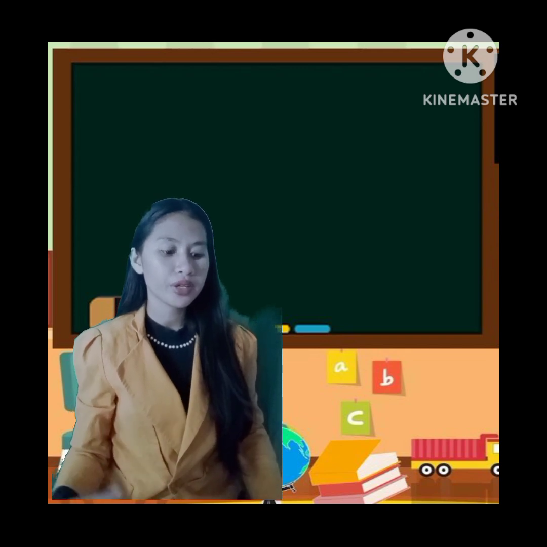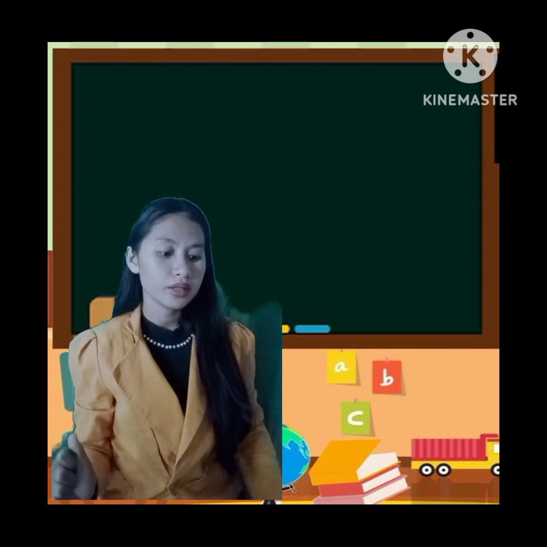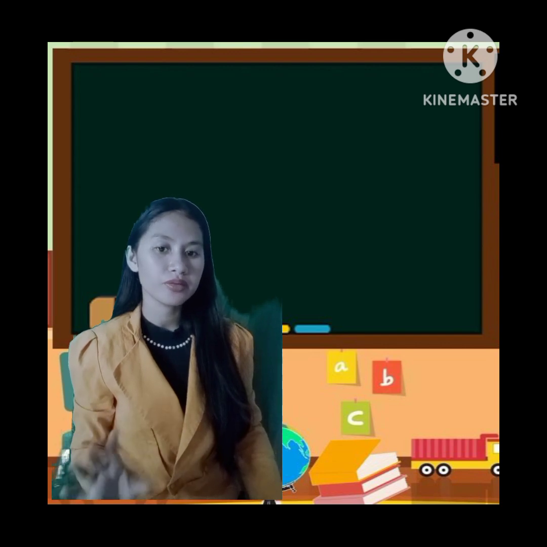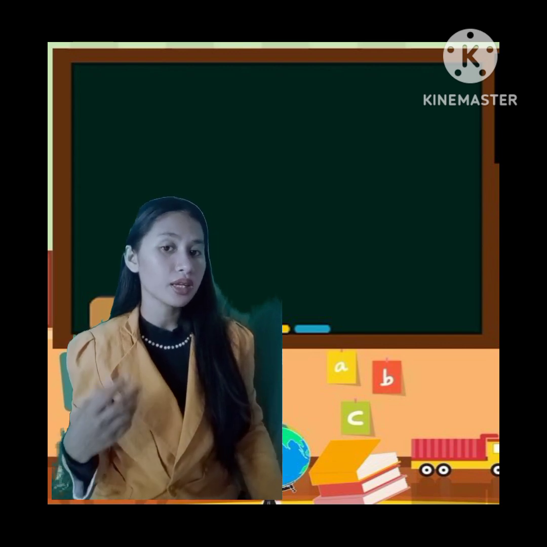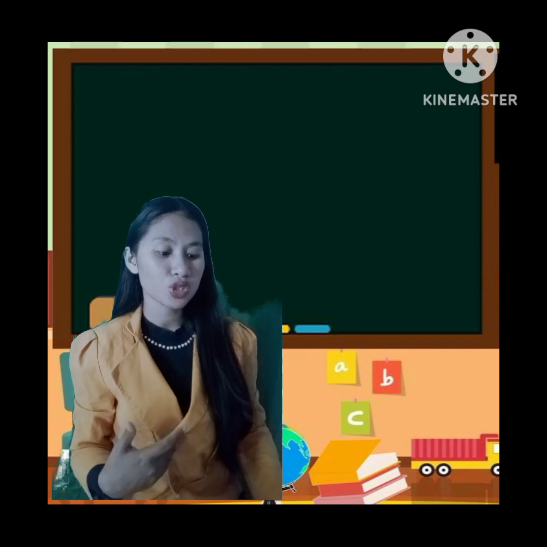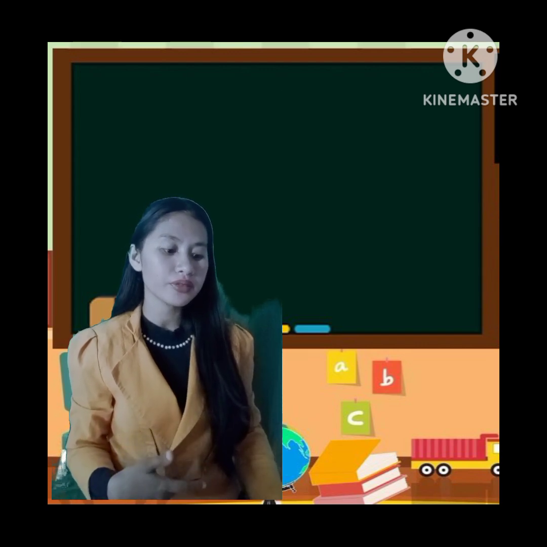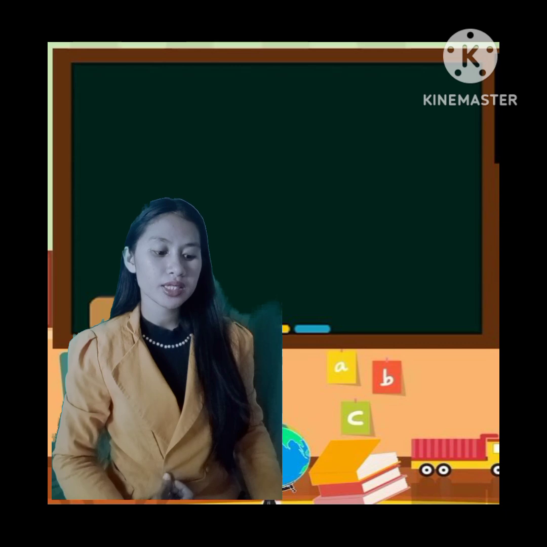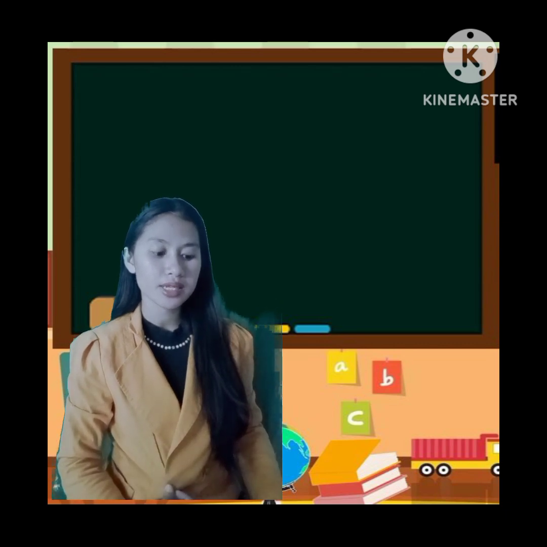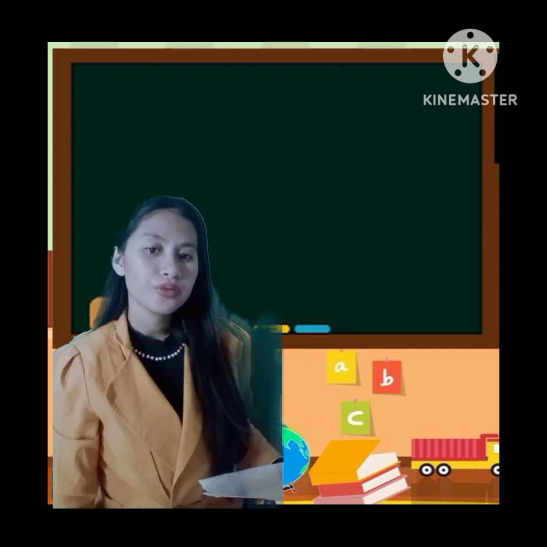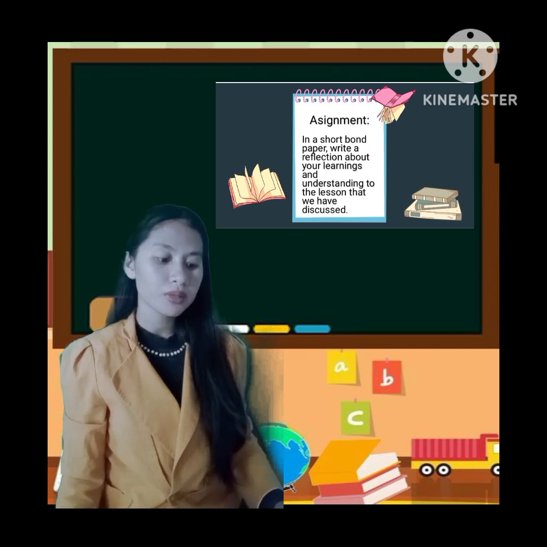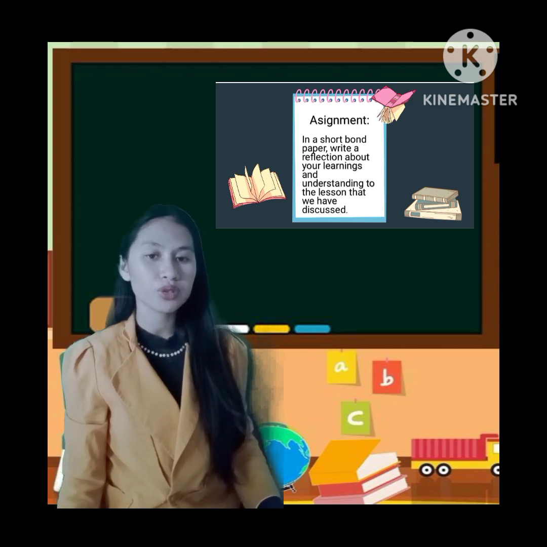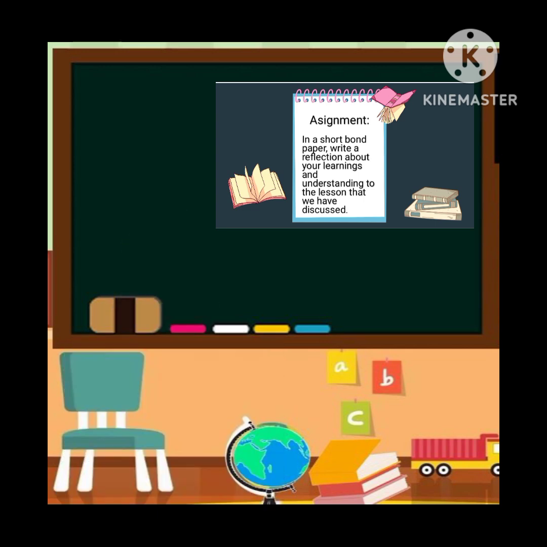Now I have here a very short evaluation that will assess your learning. Give the following. First, types of display surfaces. Second, projected devices. For your assignment, in a short long paper, write a reflection about your learnings and understanding of the lesson that we have discussed.